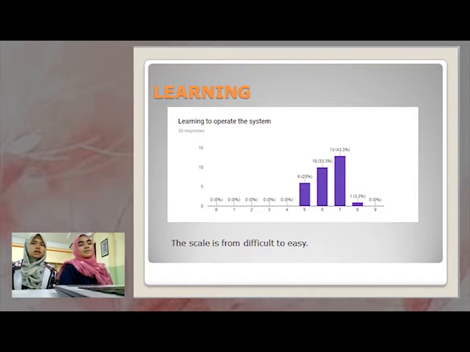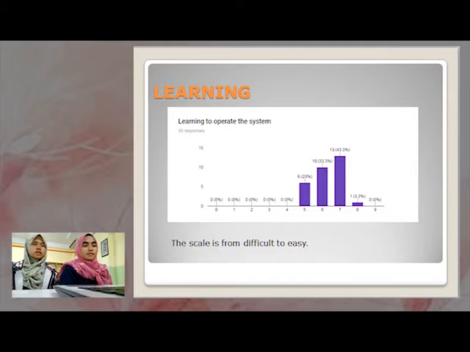Okay, next is learning. The first question is learning to operate the system, how they learn to operate this system. The scale is from difficult to easy.